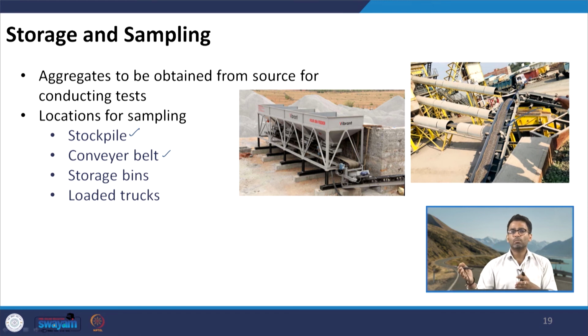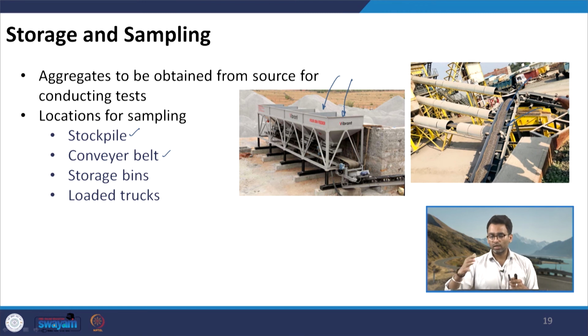We have some feeder bins, storage bins, from where the aggregates are taken for drying through the conveyor belt. So, we can take from the storage bins, from the conveyor belt, and also from loaded trucks. When the truck is bringing the material, we can take it from the loaded truck also.